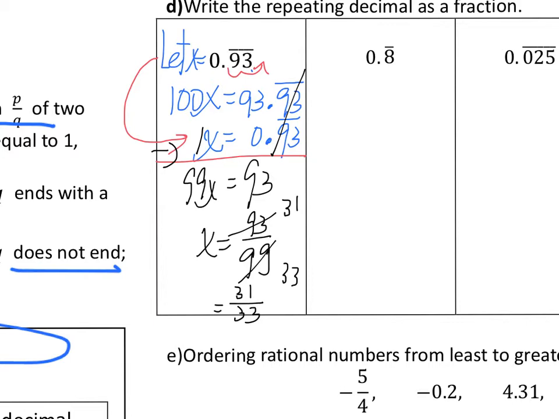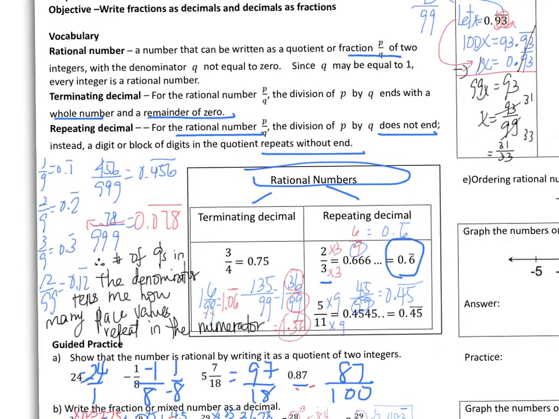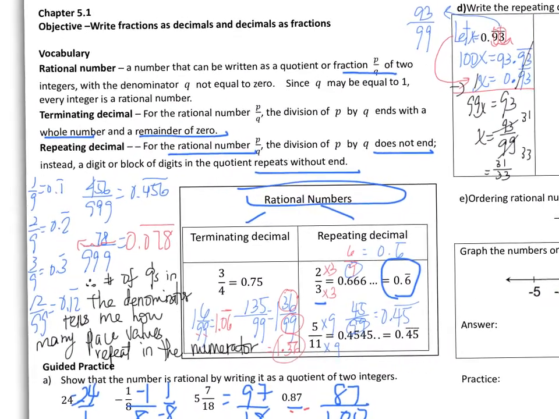And another way to look at this is, we have 2 digits that are repeating. I can simply put that over 93 over 99 and simplify to get 31 over 33. And this is the same idea as what I was talking about earlier.